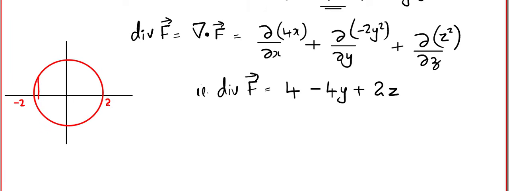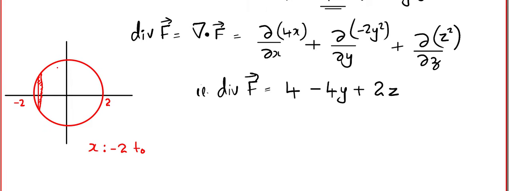Now, I hope you remember multiple integrals from second semester. I want to cover the entire region of this circle, so it is obvious that x varies from minus 2 to 2.